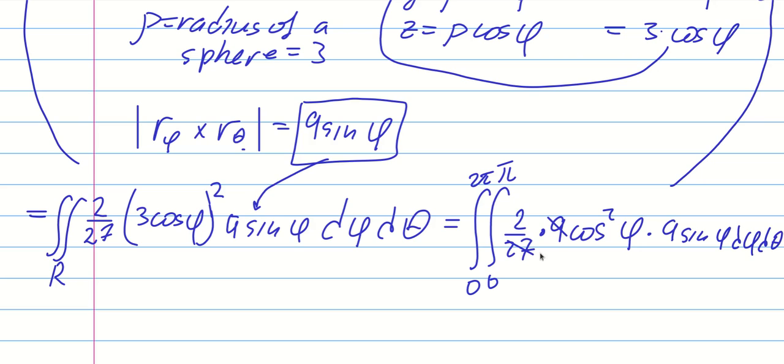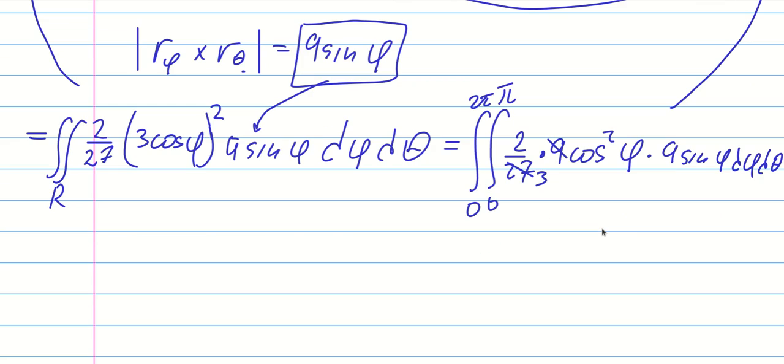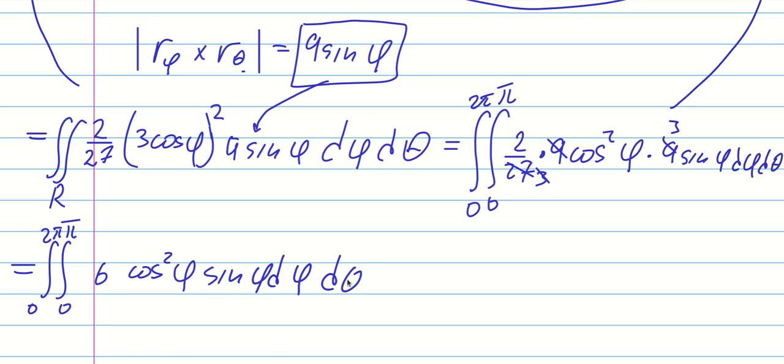This 9 and 27 gives us 3, and this 9 and this 3 gives us 3 over here. Finally, we have an integral from 0 to pi, 0 to 2 pi. We have 2 times 3, which is 6, cosine squared of phi, sine of phi, d phi, d theta.